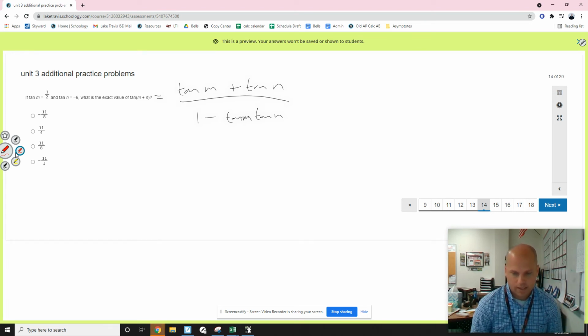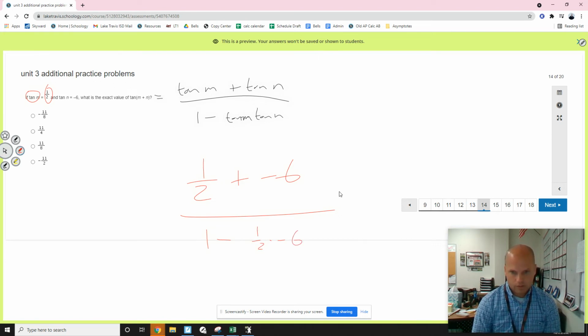But then I realized, actually, no, they gave me what I need. Tangent M equals 1/2. I don't write tangent of 1/2. It equals 1/2. Tangent of N is -6. I don't say it's tangent of -6. The tangent of N is -6. And then over here, I have 1 minus 1/2 times -6, replacing those two things.